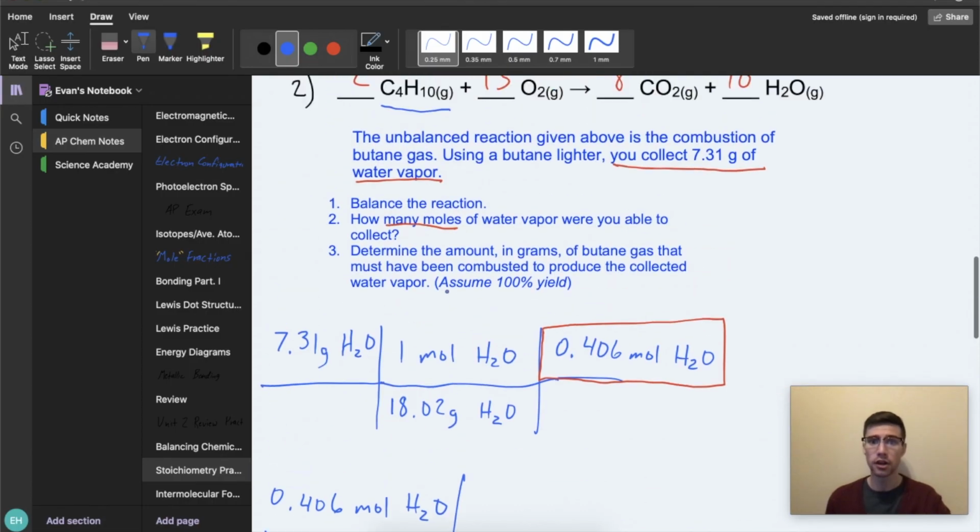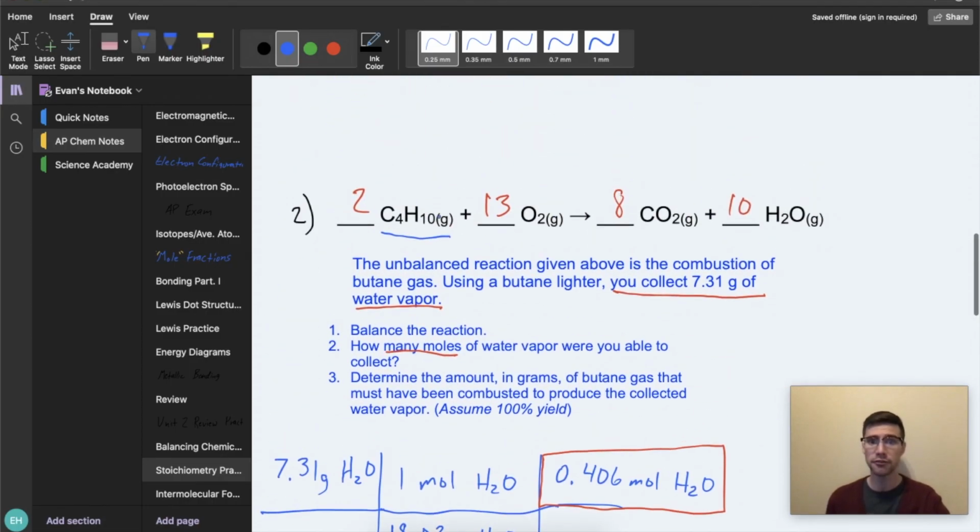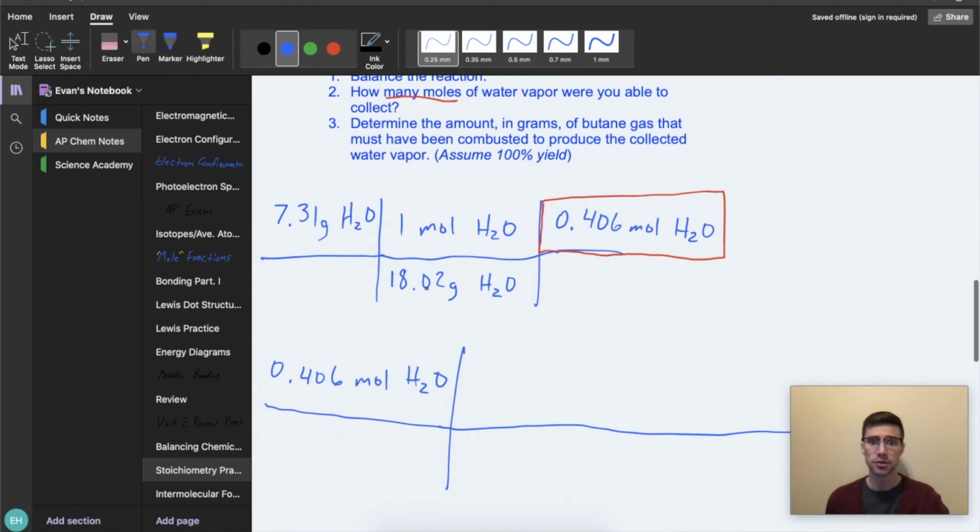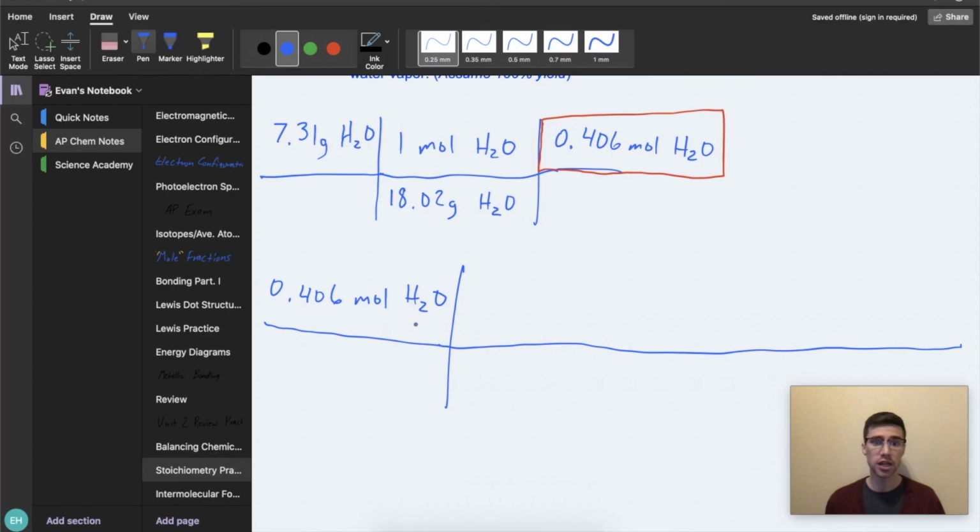I'm starting with water, and eventually I'm going to end up at C4H10, which is why we needed our balanced equation. So down here, because we're already in moles of water, I'm going to convert from moles of H2O to moles of, instead of our product in this case, because we're starting with our product, I'm switching to moles of our reactant, which would be our C4H10, right? That's our butane gas that we're actually combusting here.